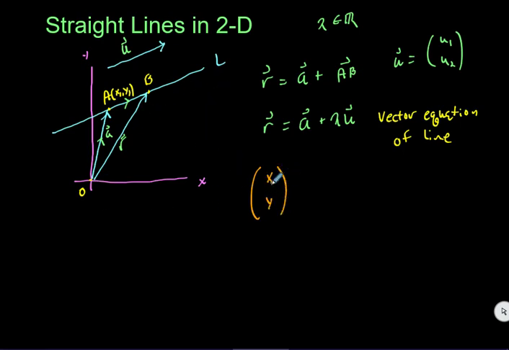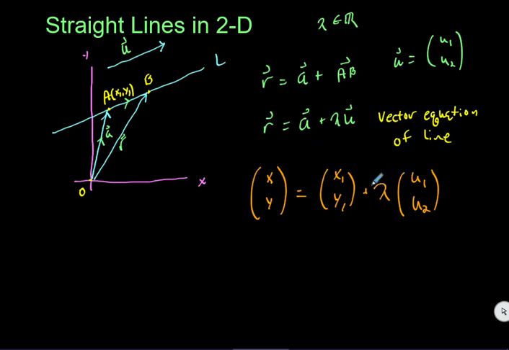It is a position vector, so it'd be every point in this line. That's going to be, since this is x1, y1, this vector is x1, y1, right? Plus some scalar lambda that's going to be some real number, and then our direction is u sub 1, u sub 2, right? Good. So this is our vector equation of a line.